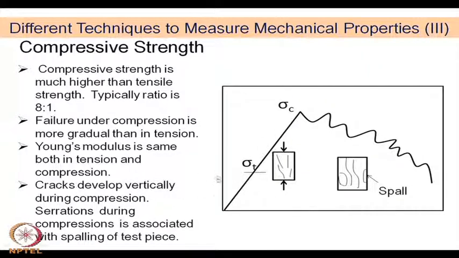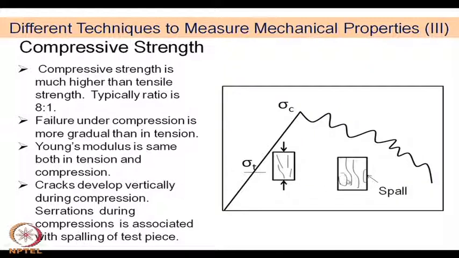However, in a compressive test for ceramics, the crack appears like this. Finally, the cracks join. A crack can be nucleated at different sites, and these vertical cracks finally join, and there may be what we call spalling.